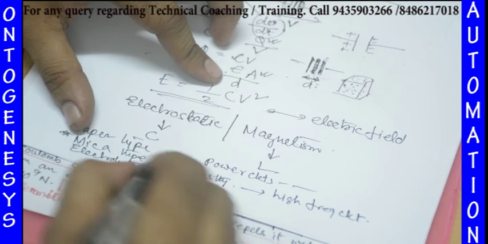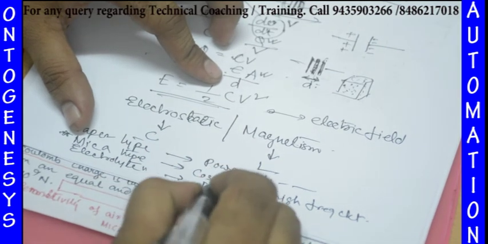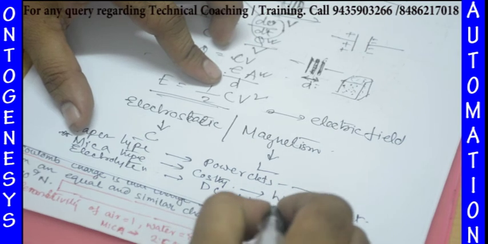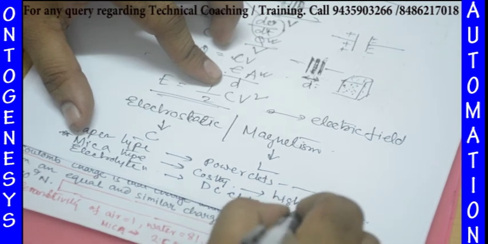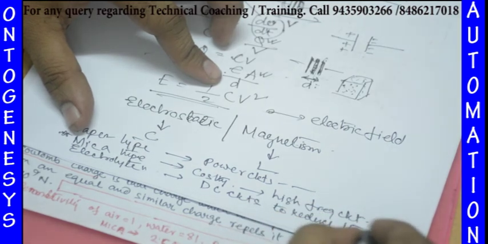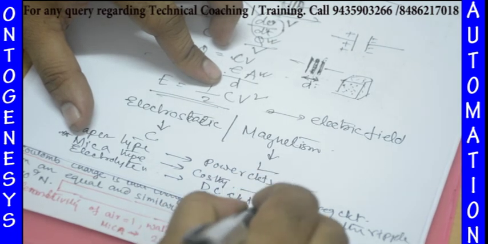Then electrolytic type capacitors are used in DC circuits to reduce the ripples in voltage waveform.